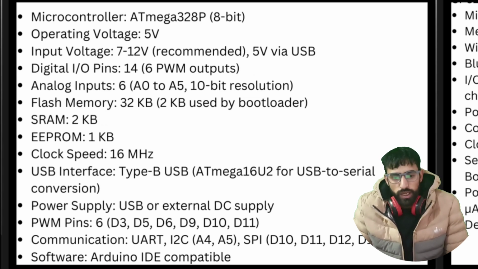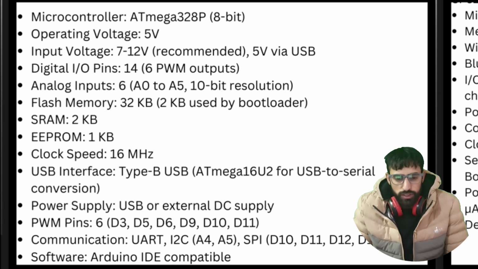Remember that. There are 14 digital I/O pins, 6 PWM pins, and analog pins A0 to A5, 6 analog pins. Flash memory is 32 KB, same as Arduino Nano. EEPROM is the same, 1 KB. SRAM is 2 KB. Clock speed is 16 MHz, and the USB interface is the ATmega USB to serial conversion.